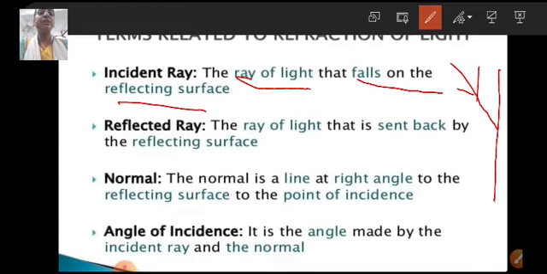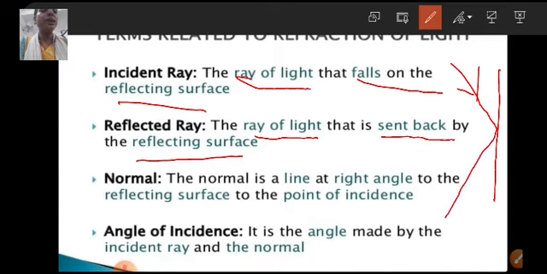Next we have the reflected ray. The ray of light that is sent back by the reflecting surface is known as the reflected ray. This ray that is moving away from the reflecting surface is the reflected ray, and the arrow indicating such rays will be facing away from the mirror.